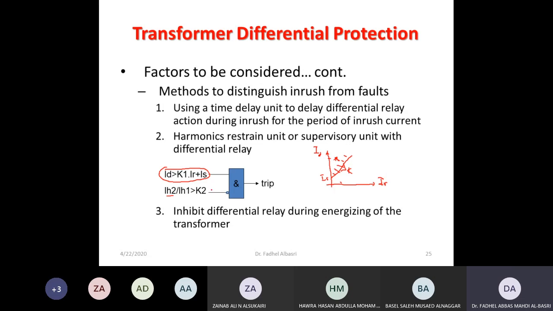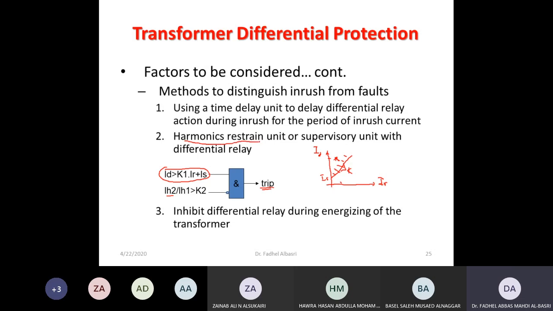If the ratio is higher than a threshold setting, let's say the second harmonic becomes 30% of the fundamental, this means there is inrush, and this high output goes through a NOT gate to become 0. So I will restrain and block the tripping, although I have a satisfactory differential current, a satisfactory first condition.